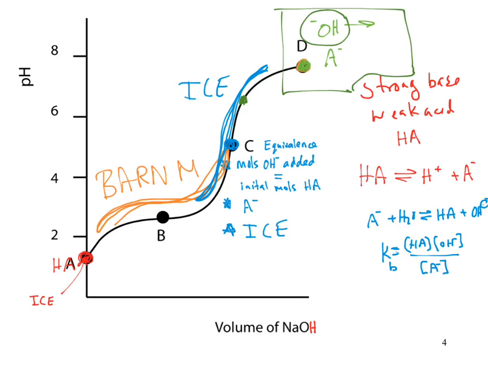The strong acid or base. Do we do an ice chart with a strong acid or base? No, why not? There's no equilibrium. What does the strong acid or base do? Completely dissociate. There's no ice chart to solve because there's no equilibrium. There's nothing to worry about there. Does that make sense? So it's pushing us further on the curve.